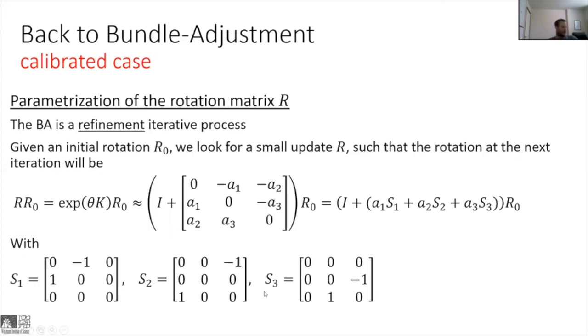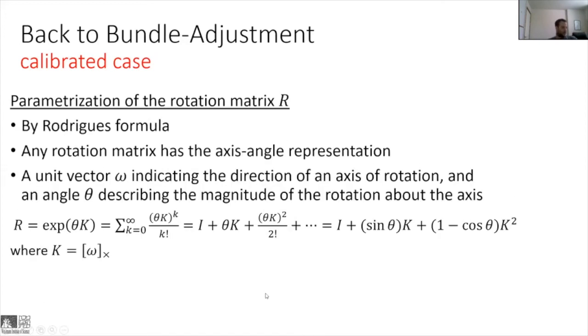Can you please explain why the rotation matrix is the exponent of theta times k? Actually, I don't have a good intuition for that. It's just the formula. Mirav, do you have any intuition for that?